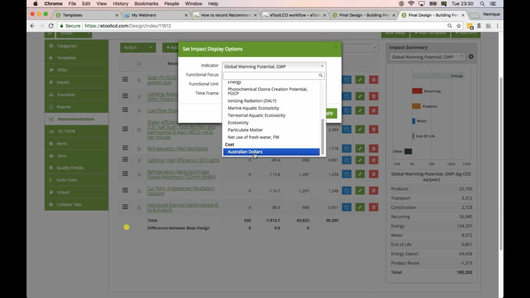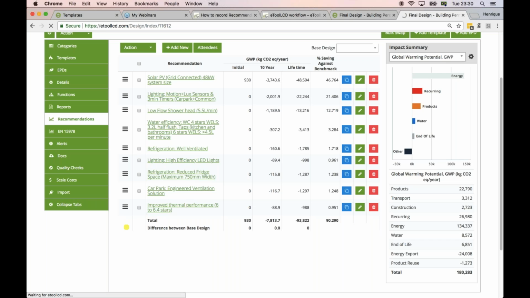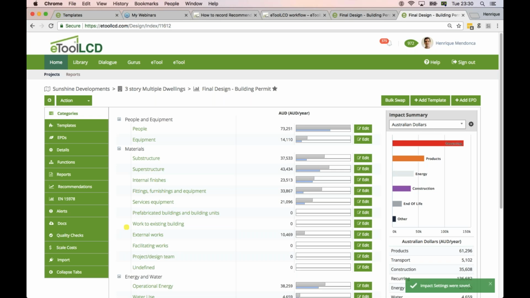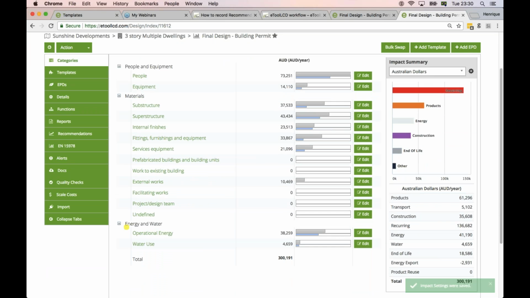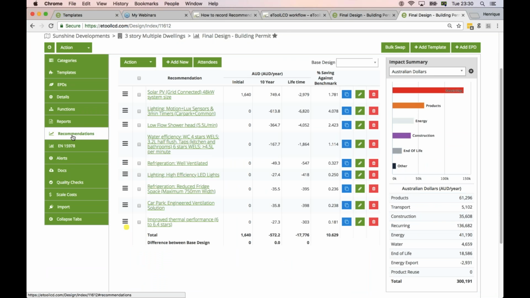So you just flick the cost, and then you now understand the impact of your model on a financial basis. So that's useful for you as well to run your recommendations based on payback period.